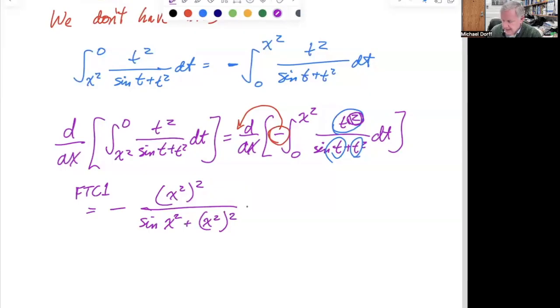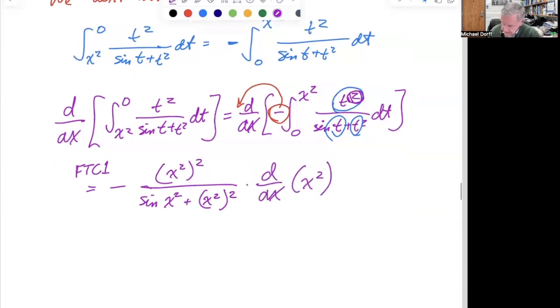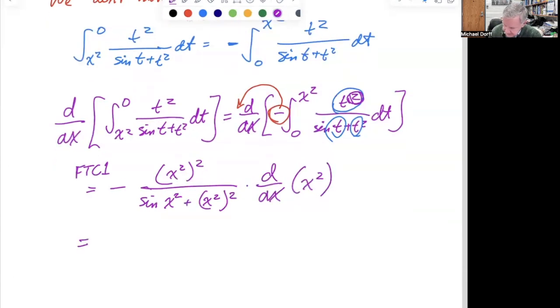And then by the chain rule, I need to take the derivative of x squared. Let's simplify this a little bit. I've got negative x to the fourth on the top over sine x squared plus x to the fourth. And then the derivative of x squared by the power rule is just 2x.